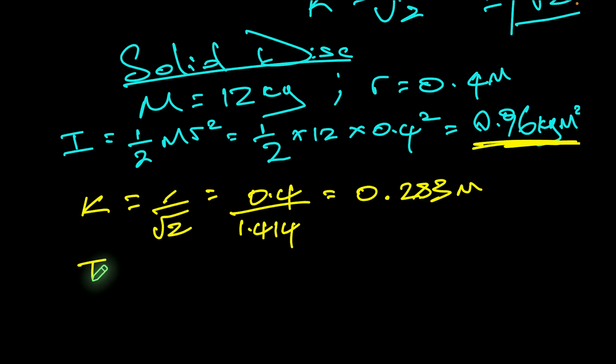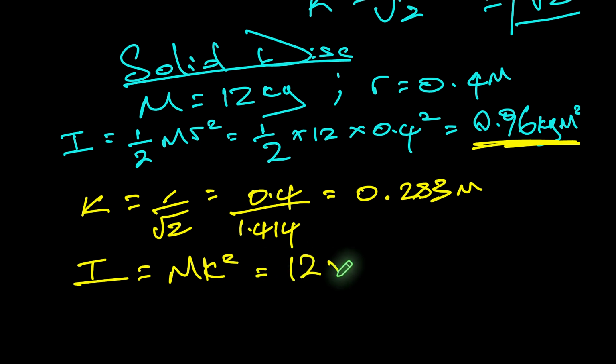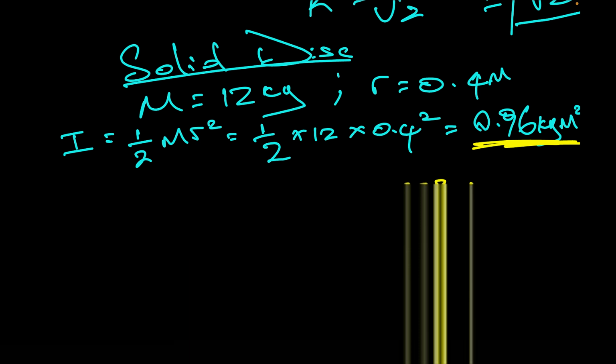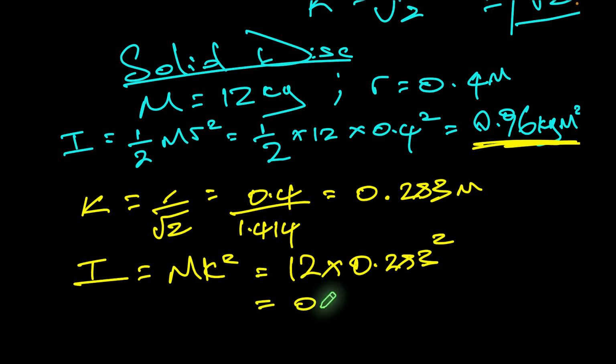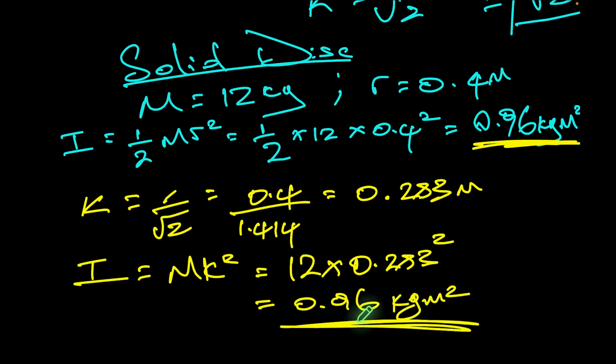If we have I equals mk squared, the value of m is 12, multiplied by the k value, 0.283, squared. This gives us 0.961, somewhere thereabouts, so we can just round it. That's kilograms meter squared. As you can see, using the radius of gyration, it matches perfectly with our actual calculation.